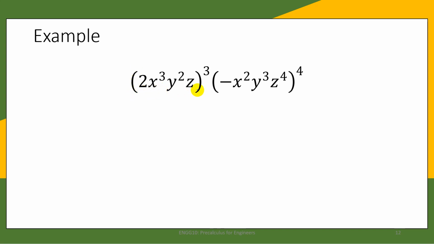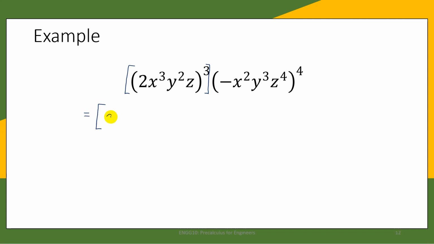So to simplify this one, we need to distribute this exponent to each of the factors right here. So we need to distribute the exponent.